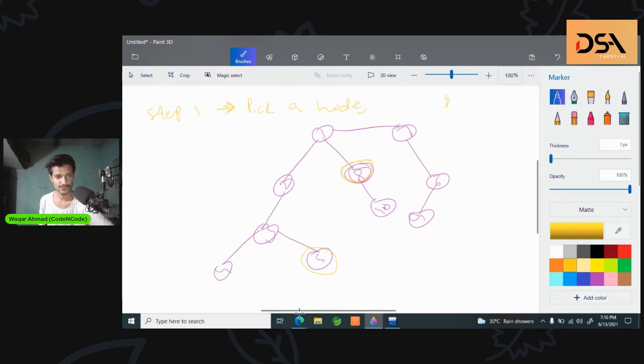So choose a node, find out a node which is the farthest from this node, and we chose this. It doesn't matter which node you choose if there are multiple. For example, in this case we have 3 nodes which are farthest from node 8. It doesn't matter, so pick anyone. We have picked node 5, and find the farthest node.